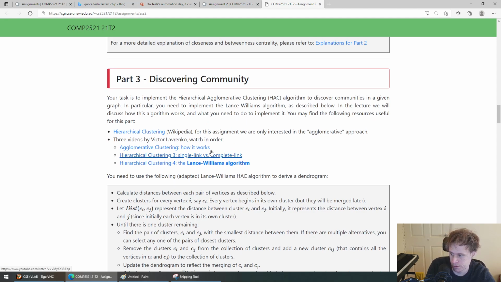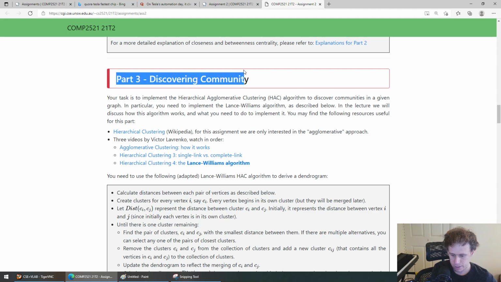But the third part here is a little bit more involved. Still, fundamentally, it's mainly about taking algorithms that you find online and applying them to your code. So part 3 is about discovering community.